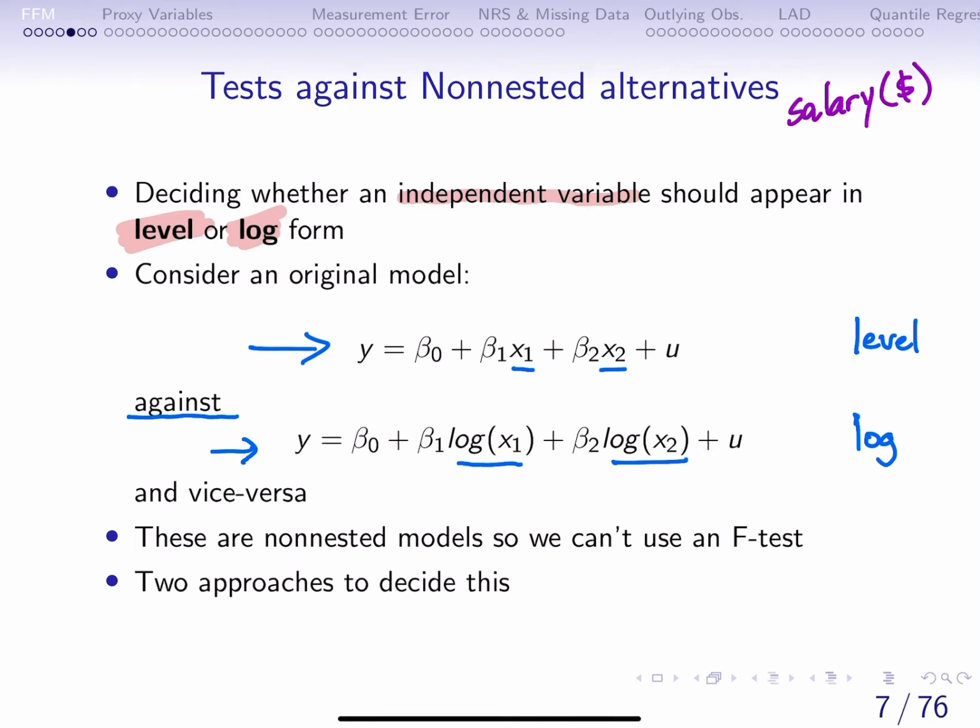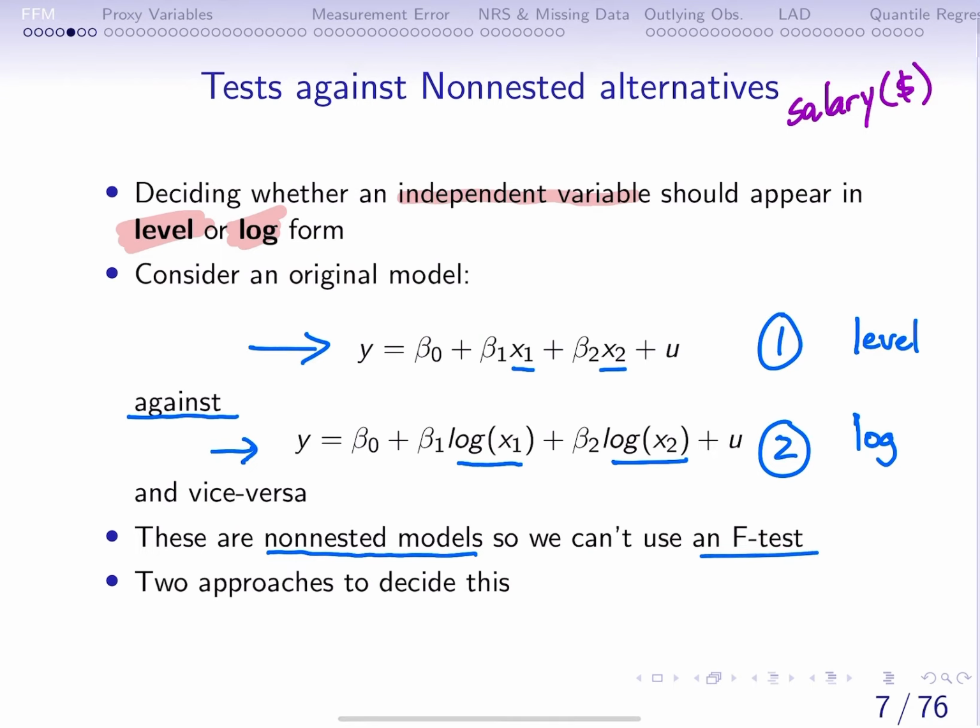Now the problem with this is that these are non-nested models, right? This model, let's call this 2, is not nested in 1, so it's non-nested in that sense. So we can't use an F-test for this, just like we did previously. We can't do that. So we have to use different approaches to decide what we need to do.